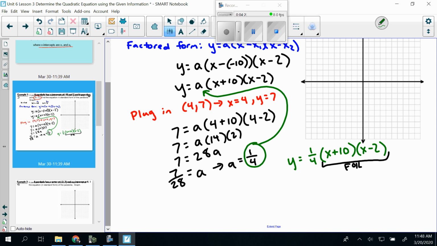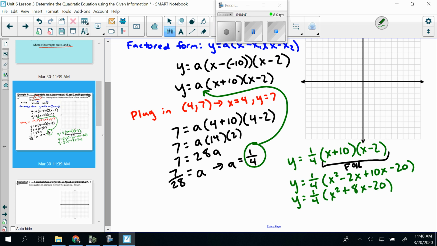So if we do that, x times x is x squared, minus 2x if you multiply the outside ones, plus 10x if you multiply the inside ones, and then 10 times -2 is -20. We have some like terms we can put together in there. So I'm going to do that first. -2 plus 10 is 8x minus 20.